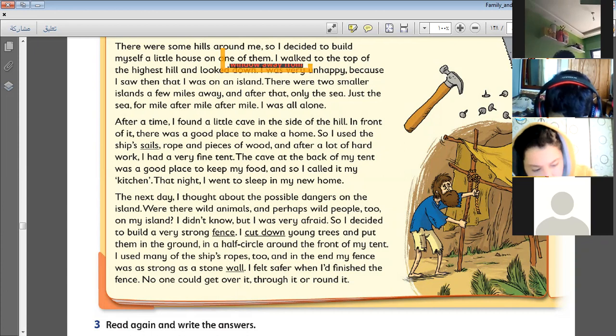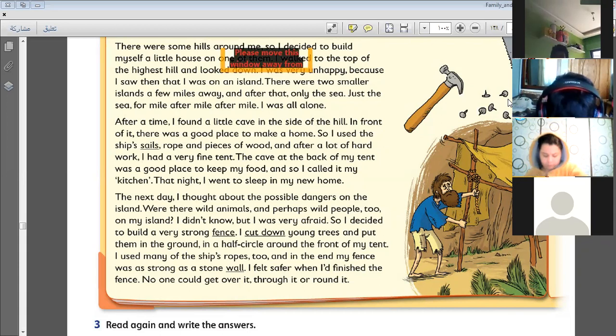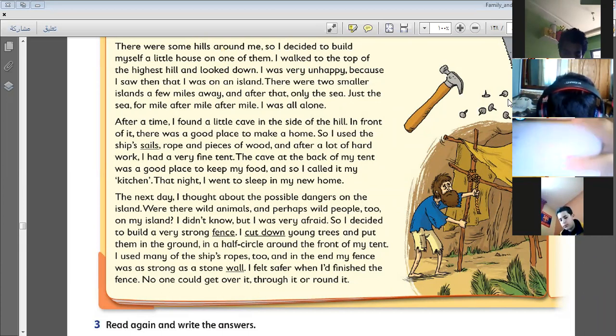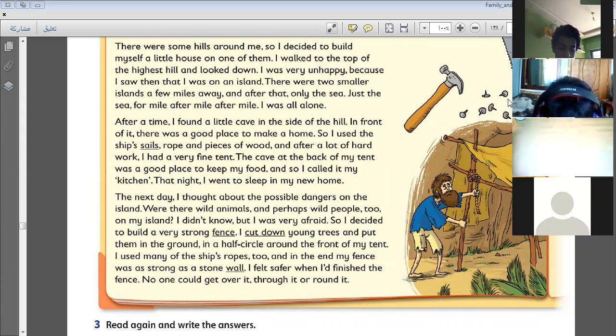I didn't know. Hello, Ibrahim, continue. Line number 20. Yes, teacher. I didn't know, but I was very afraid. So I decided to build a very strong fence.